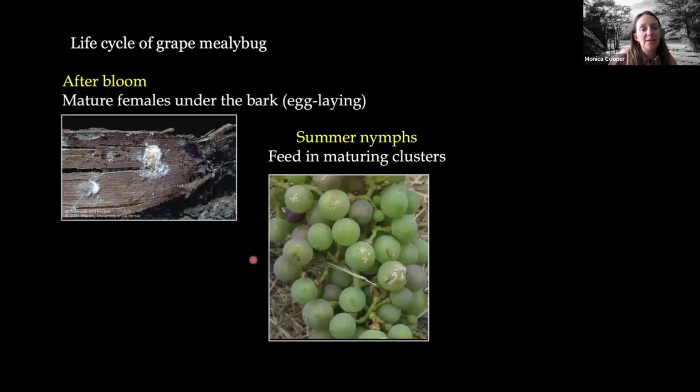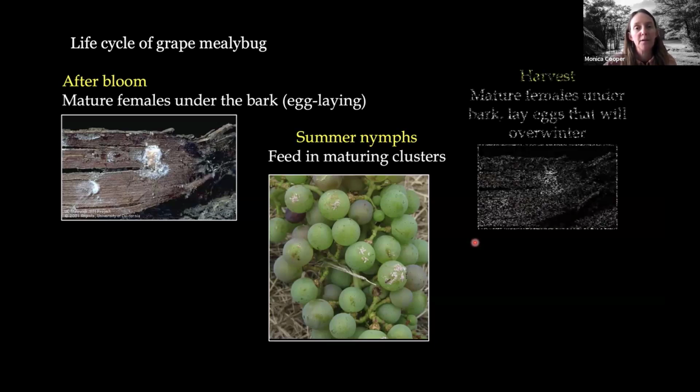And then in the summer, we have our second generation of nymphs. So those summer nymphs are coming out from the bark again, and this time they're moving into the cluster. It's close to veraison at that time of year, and so they start moving into the clusters. Makes sense: if the vine is putting sugars into the clusters at that time and you're a phloem feeding insect, it's a logical place for you to go.